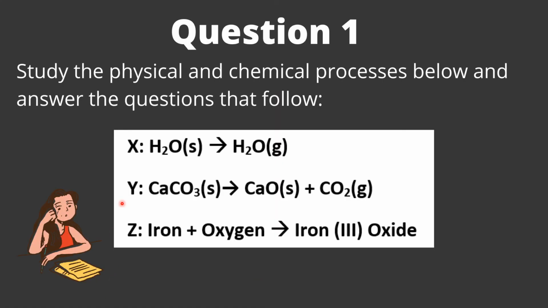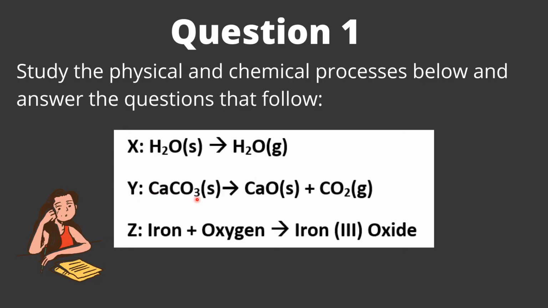Question 1, they are saying that we have to study the physical and chemical processes that are given below, and then answer the questions that follow. So they've given us 3 changes or chemical reactions. Some of the chemical reactions here are physical, others are chemical. X says that we have H2O, which is a solid, maybe it's ice, and then after the reaction we have H2O, the water, in a gas form, right?